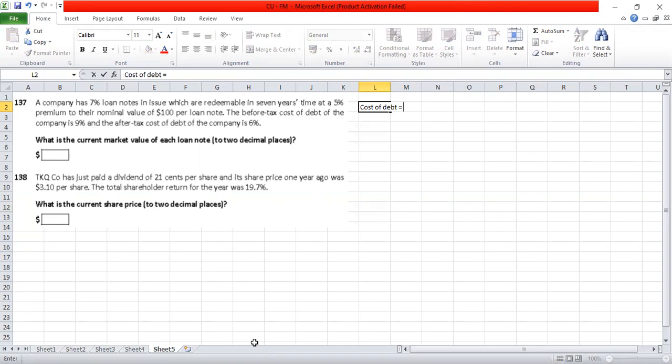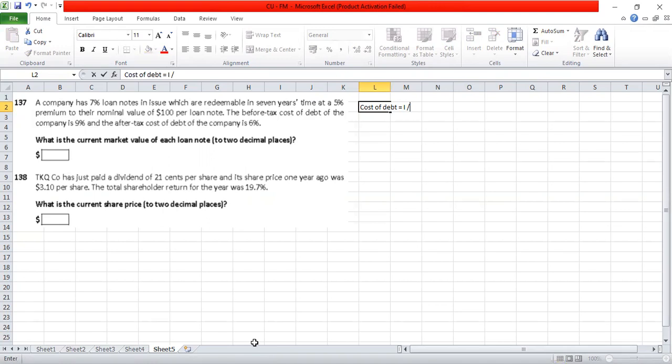7%. Okay. Interest divided by... they are redeemable in 7 years. So at the time of redeeming, they would be redeemed at a 5% premium. So the sale value, the nominal value, is 100, but the redeemable value is 105. So the average value will be taken.